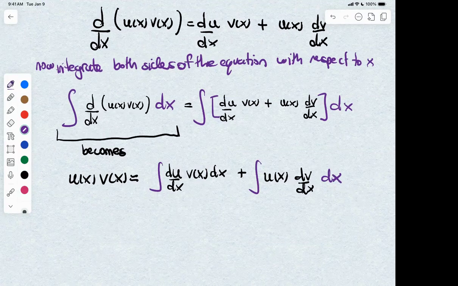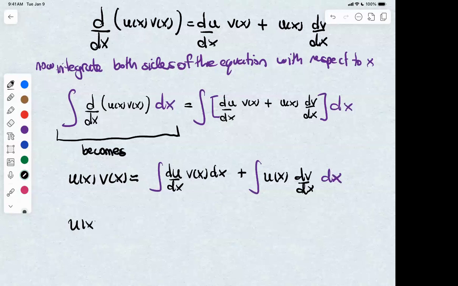Okay, and then the last thing I'll do for now is revert back to the prime notation for derivatives, just to write this in a slightly different way. What is the u dx? That's u prime of x.